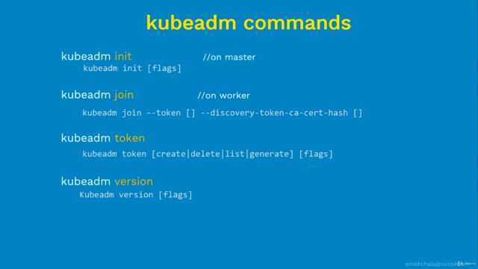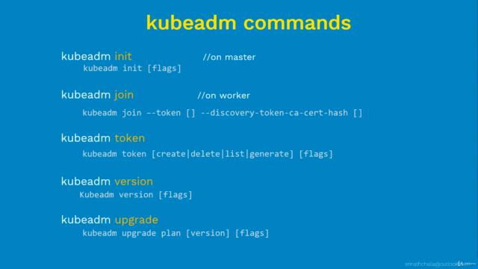And the final command in this list is kubeadm upgrade. Kubeadm upgrade is a user-friendly command that wraps complex upgrading logic behind one command. With the help of kubeadm upgrade, we can upgrade Kubernetes and also downgrade the cluster if necessary.